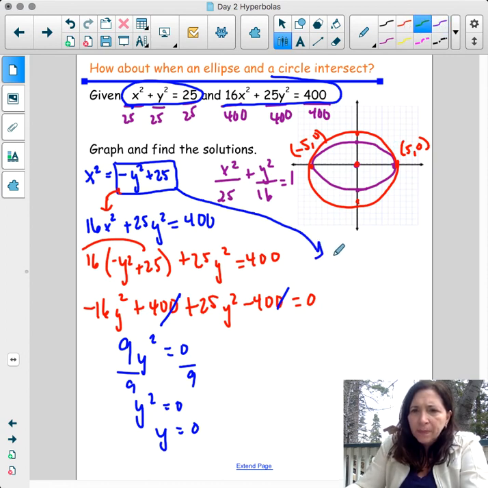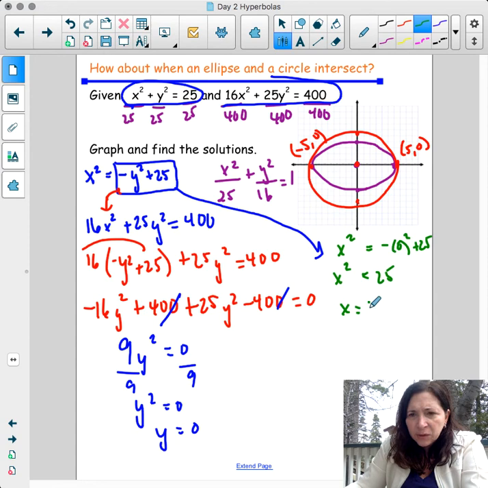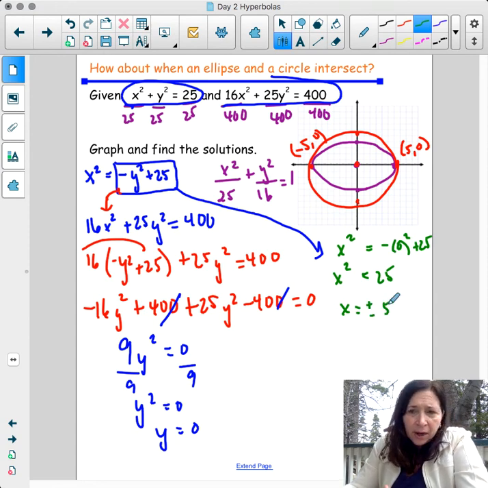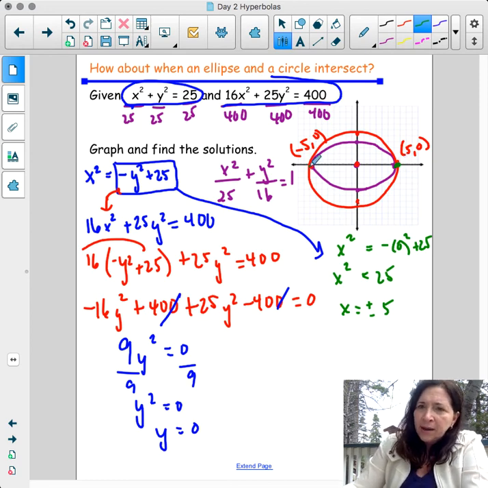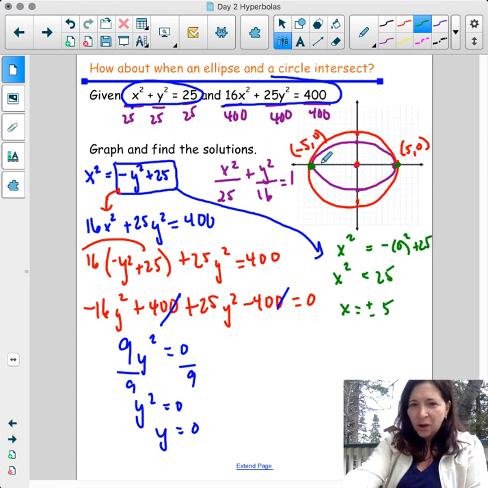And we're going to go x squared is equal to negative y squared. So that's negative 0 squared plus 25. So we're going to get x squared is equal to 25. So x is equal to plus or minus 5. When you square root both sides, you're going to get plus or minus, which gives me my positive 5 and my negative 5. So another system of equations, which is awesome.